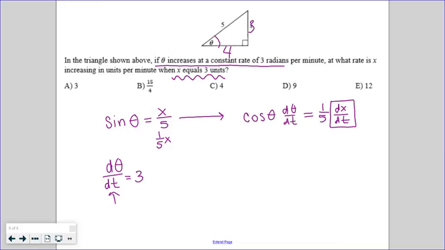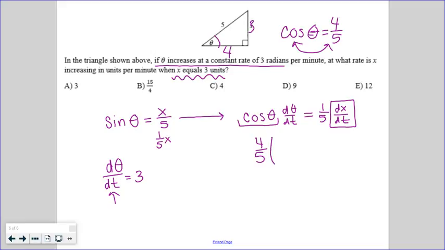And the reason I show you that is because then I can figure out what the cosine of theta is. Cosine of theta is adjacent over hypotenuse, and so by substitution I can replace cosine of theta with 4/5.